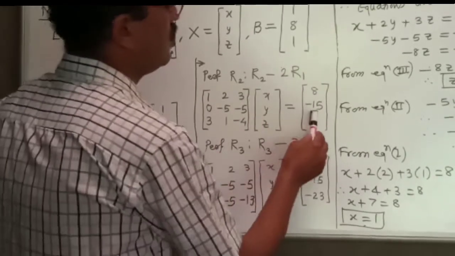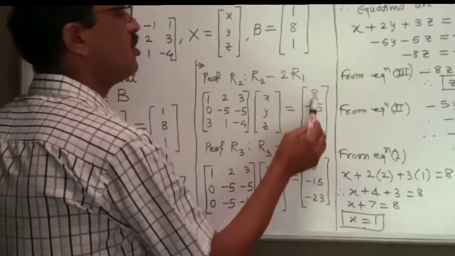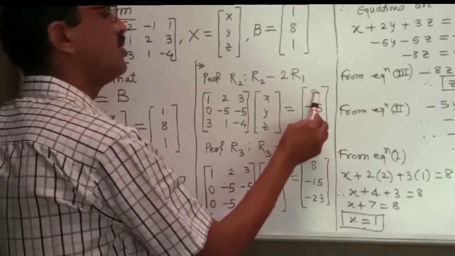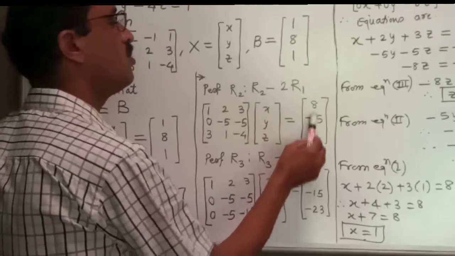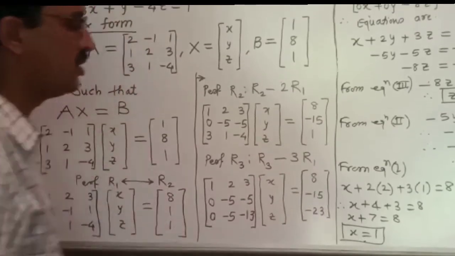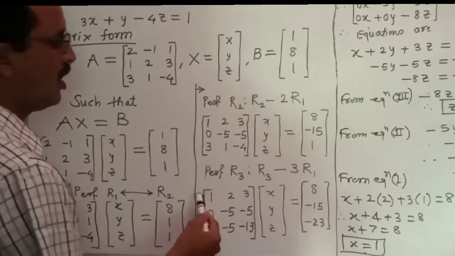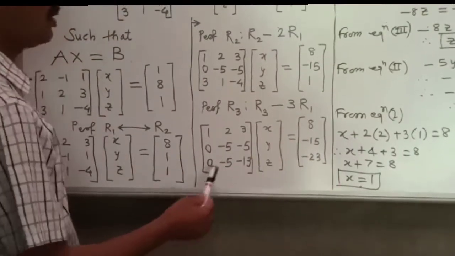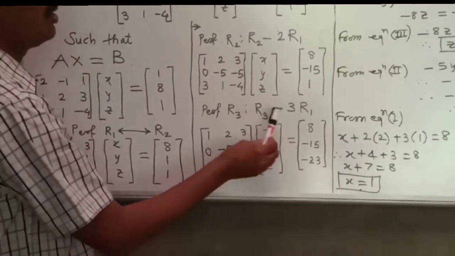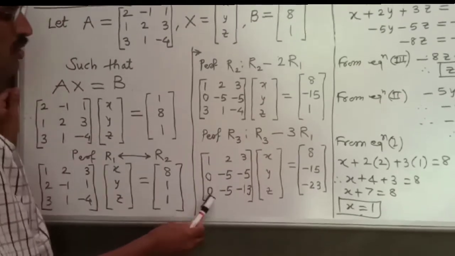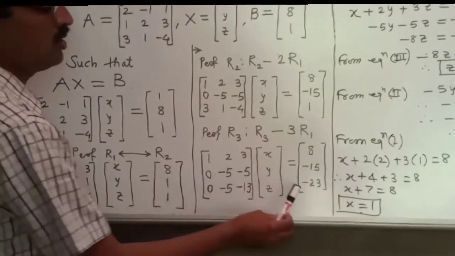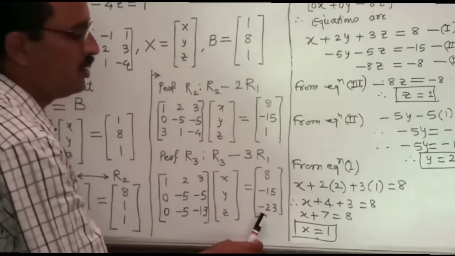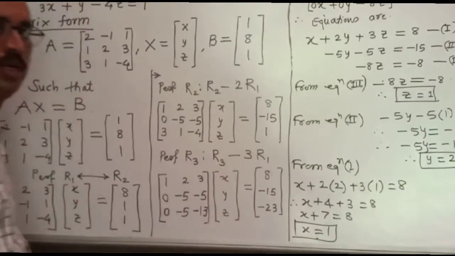Here also R3 means 1, we multiply this R1 by 3, means it is 24, 1 minus 24, that is minus 23. In this case also R1 and R2 remain the same on both sides. R3 is changed accordingly, R3 minus 3 R1, that is 0, minus 5, minus 13. So on the right hand side minus 23.